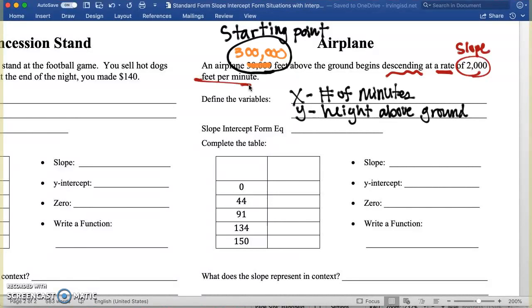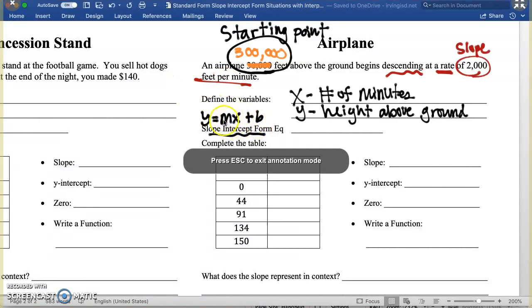And so my equation, I would like to write an equation in slope-intercept form. So we should know that slope-intercept form is y equals mx plus b, where m is my rate or my slope, and the b is my y-intercept. So this M is my slope, this B is my y-intercept.